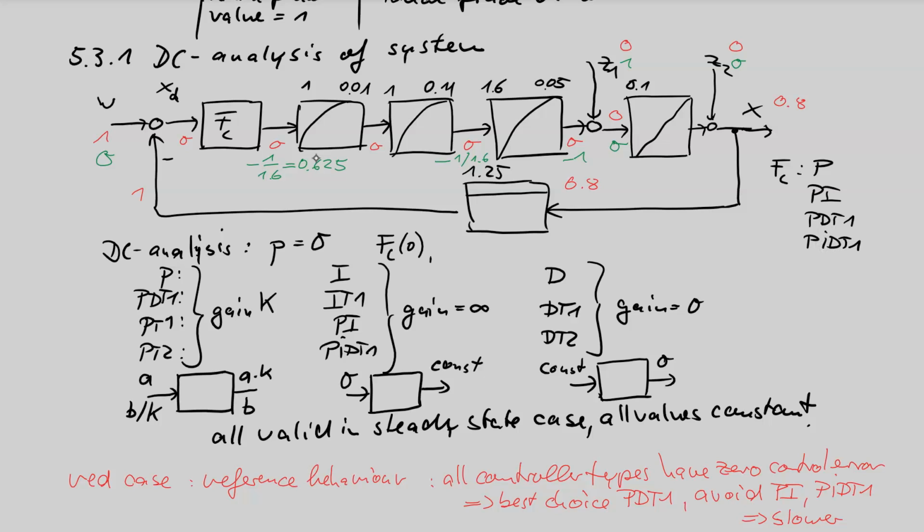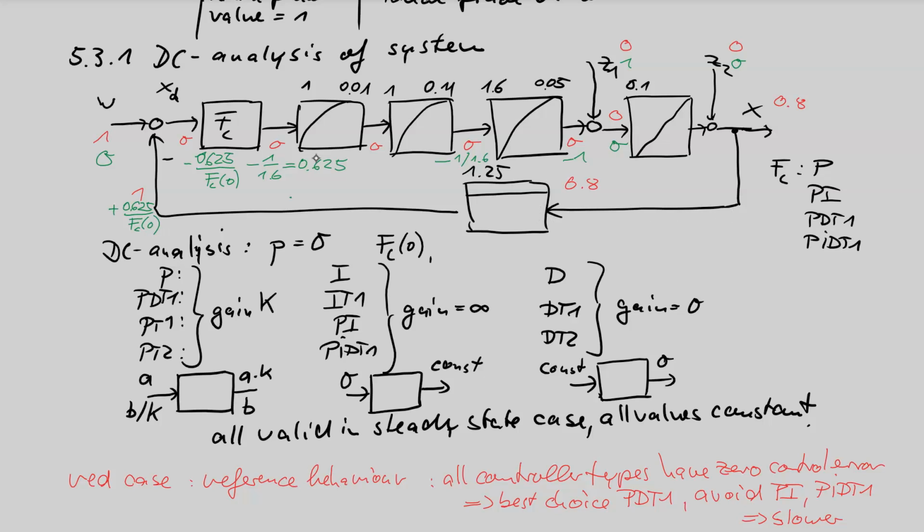So I write down here the input is negative 0.625 divided by the still unknown controller gain at 0. That means, okay, the output, this is a minus sign, the sensor output now is plus 0.625 divided by the controller gain in the DC case.